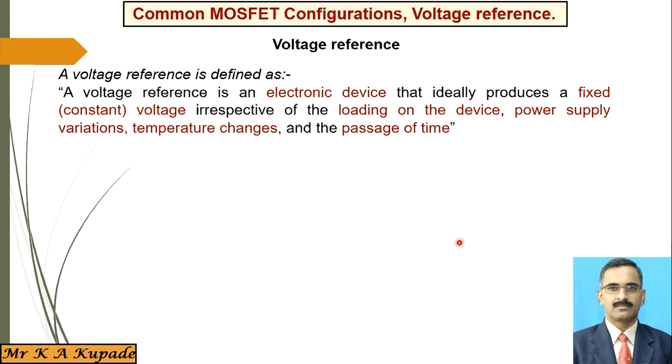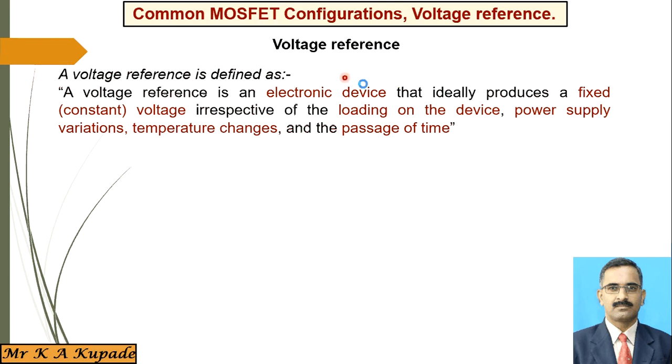A voltage reference is an electronic device that ideally produces a fixed voltage irrespective of loading on the device, power supply variation, temperature changes, and passage of time. This is the definition of voltage reference.